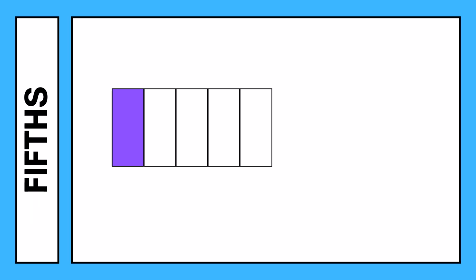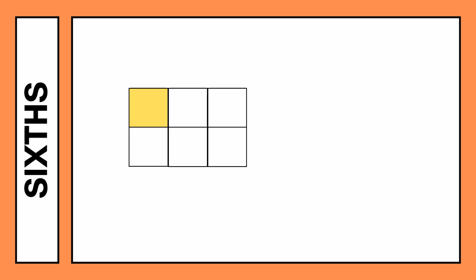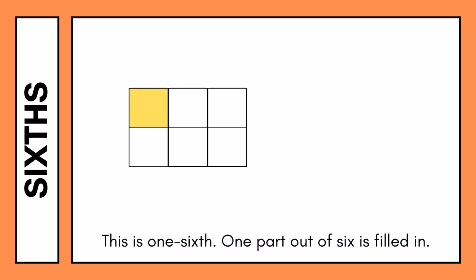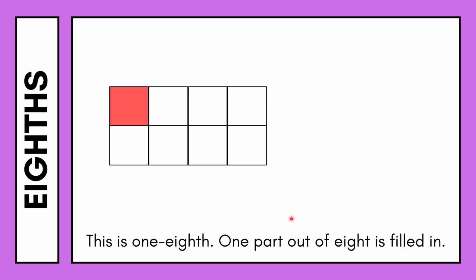Wonderful. Now similarly, this is 1 out of 5 equal parts, so which will be called, yes, 1/5. Okay, 1/5. Similarly, we can say this is 1/6, right? This is, yes, how many total parts are there? 8 total parts, out of which 1 is colored red, and this is 1/8.